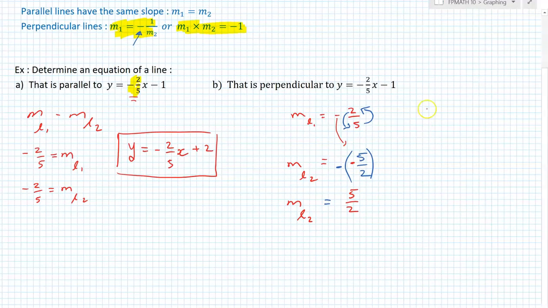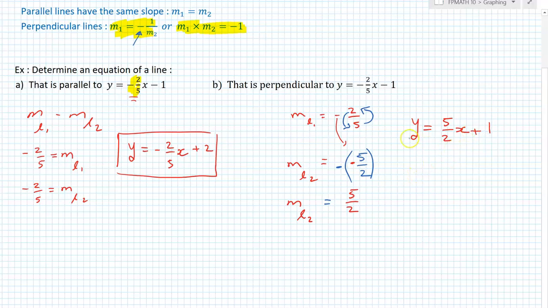Excellent. Now let's write up what we want. So y equals, again, the y-intercept is not important for this, so you just have to make sure that you write the slope accurately, and from this point on you can choose any y-intercept you want. So +1, great.